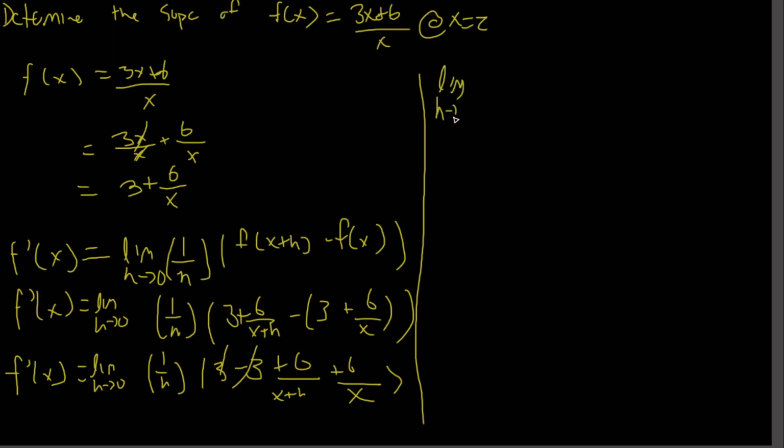So limit as h approaches 0 of 1 over h times 6 over x plus h, sorry, that will be a minus here, my apologies, minus 6 over x, and I'll erase it here as well.